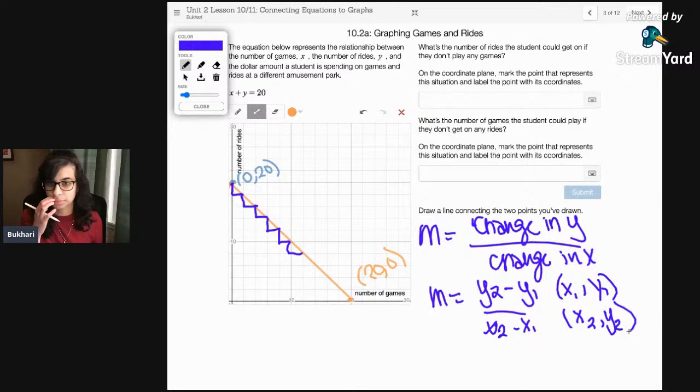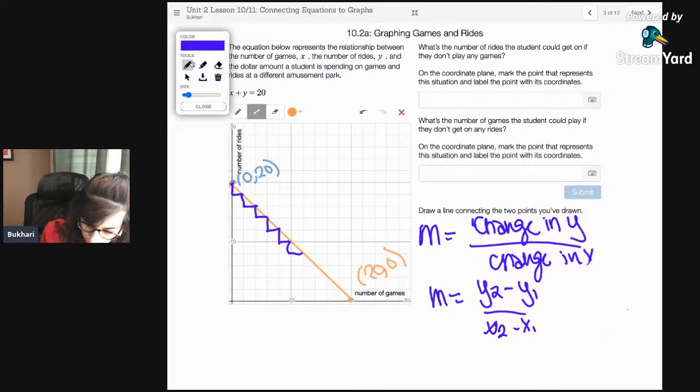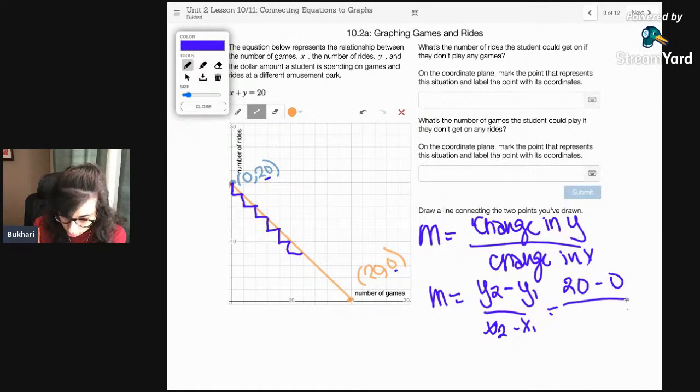So you can use 0, 20 or 20, 0 as your 2 points, right? If you were to do this algebraically, if I choose 2 points, this is 20 minus 0, all over 0 minus 20. And so algebraically, you can see that this is 20 over -20, which gives me -1.